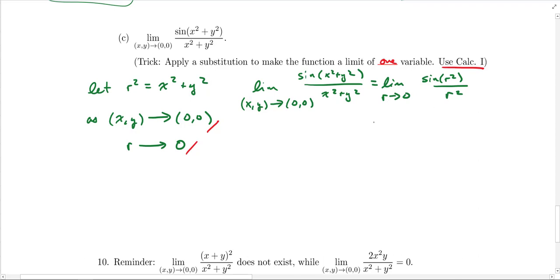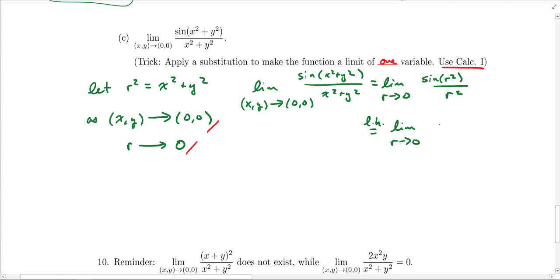And so we've got all of our tools of Calc 1, and what should we use here? Well, hopefully you recall L'Hopital's rule that was taught in Calc 1, which is a slick way of evaluating this limit, assuming we've already got the derivative of sine. So let's apply L'Hopital's rule, which says that's the same as the limit as r approaches 0 of the derivative of the numerator over the derivative of the denominator. Since we've got a function of one variable, we know what it means to take that derivative.